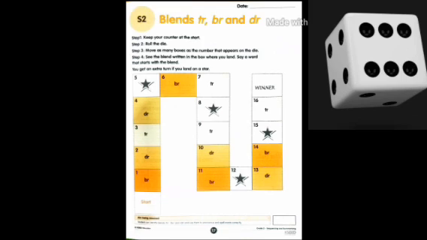If you get a star, you can throw the dice again. In that way you can complete your box and you can win. Try to play this game and complete your words with TR, BR and DR, complete the volume page number 17 and send a pic to me. Okay? Very good.